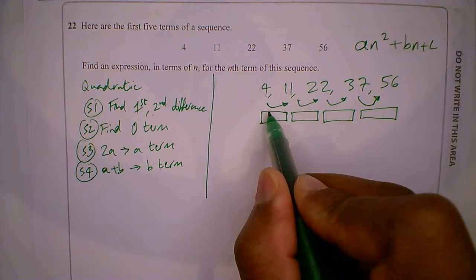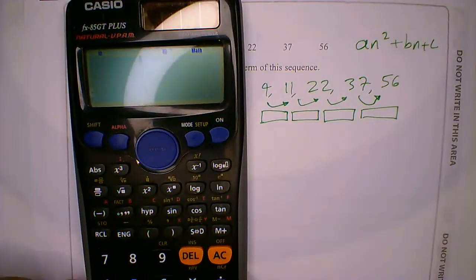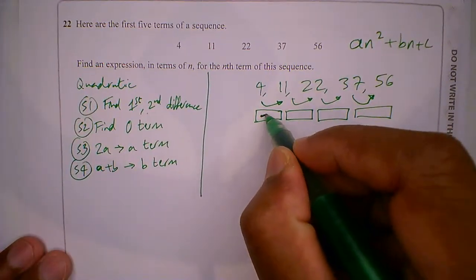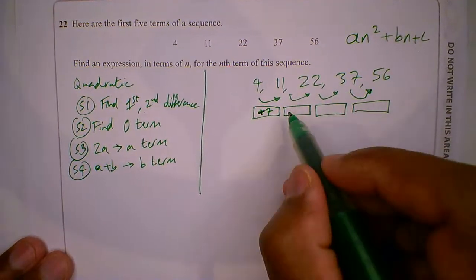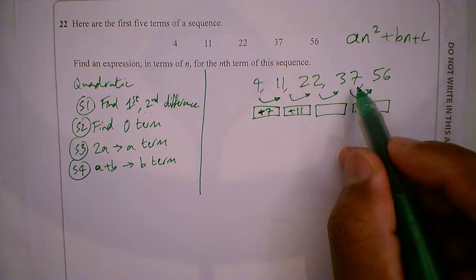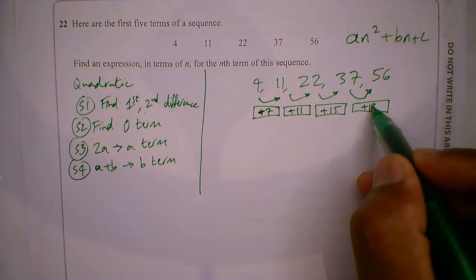You can just use your calculator, it's a calculator paper. 11 take away 4 gives us 7. So it's plus 7, then plus 11, 22 to 37 is plus 15, and then this one is plus 19.